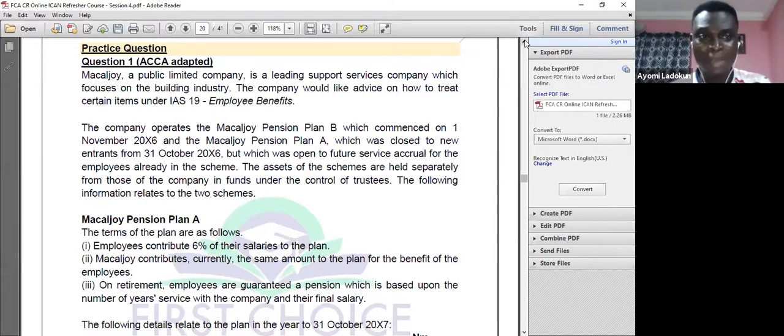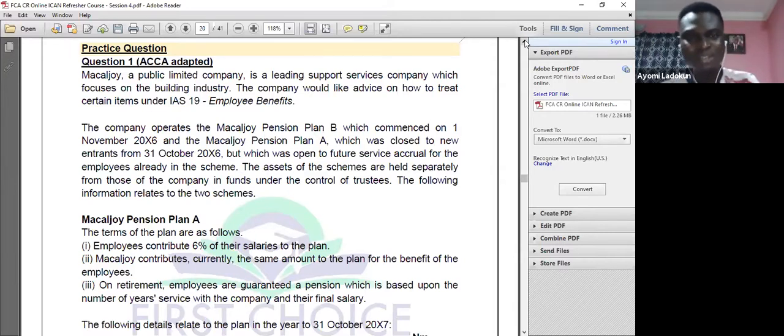It said, Macajoy, a public limited company, is a leading support service company which focuses on the building industry. The company would like advice on how to treat certain items under IAS 19 Employee Benefits. The company operates the Macajoy Pension Plan B, which commenced on 1st November 2006, and the Macajoy Pension Plan A, which was closed to new entrants from 31st October 2006, but which was open to future service accrual for the employees already in the scheme.